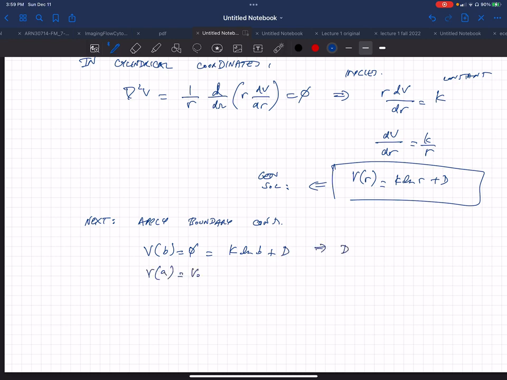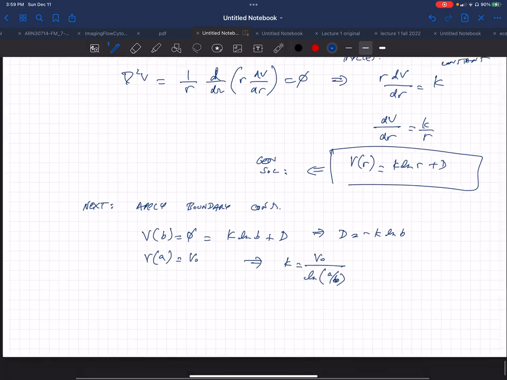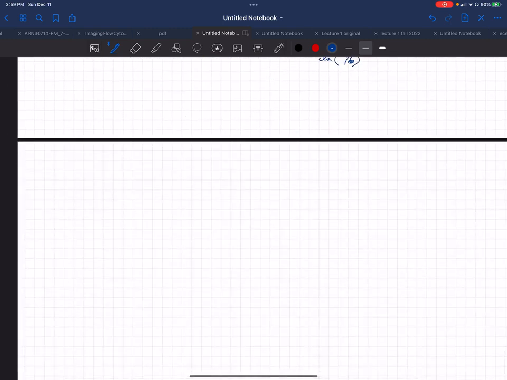So this says that d is minus k natural log of b. With these two, it gives you that k is V0 over natural log of a over b. So we end up with V of r equal to V0 over natural log of b over a, times natural log of b over r. And so this is the general solution.